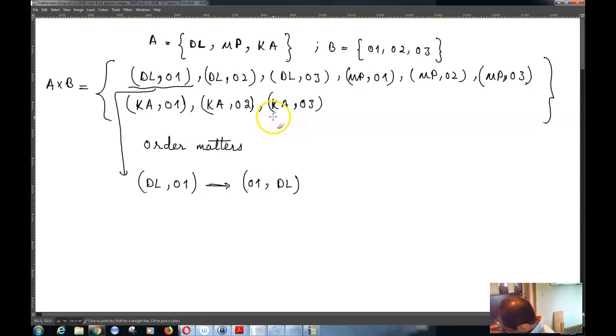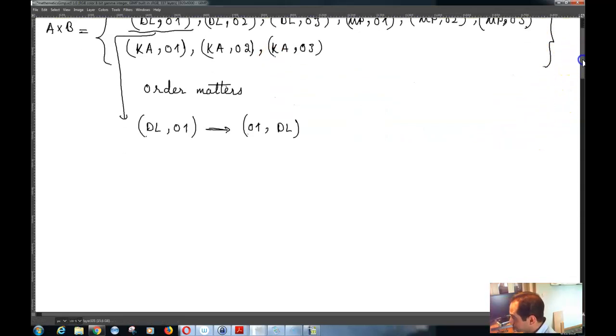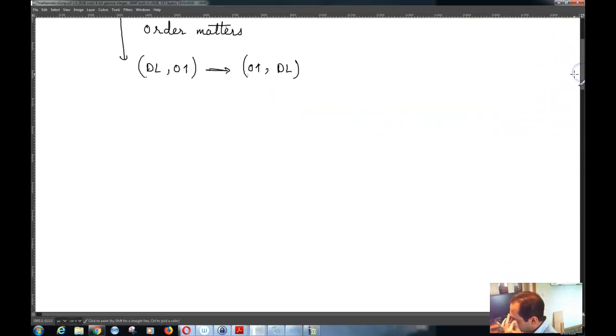So as another illustration, let us do another experiment. So let's say that you have two sets, A1 and A2.